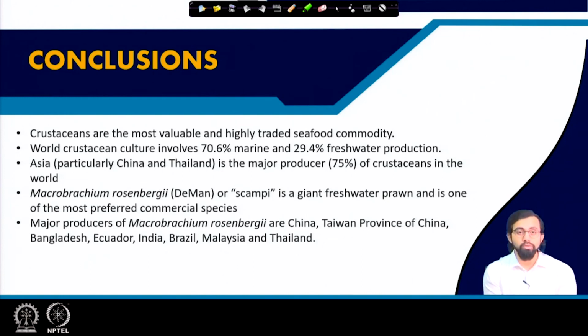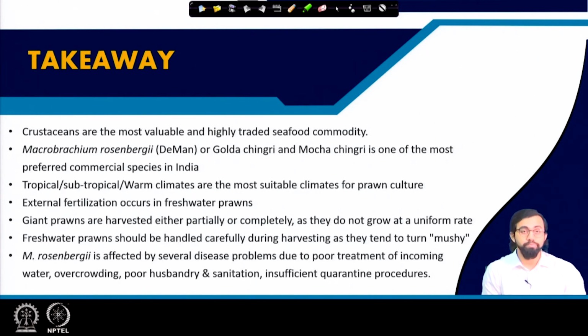Asia is the major producer of crustaceans, and Macrobrachium rosenbergii, or the scampi, is a giant freshwater prawn and one of the most preferred commercial species in India and specifically in the Asian region. Major producers of scampi are China, Taiwan province of China, Bangladesh, Ecuador, India, Brazil, Malaysia, Thailand, etc., mostly Asian countries.